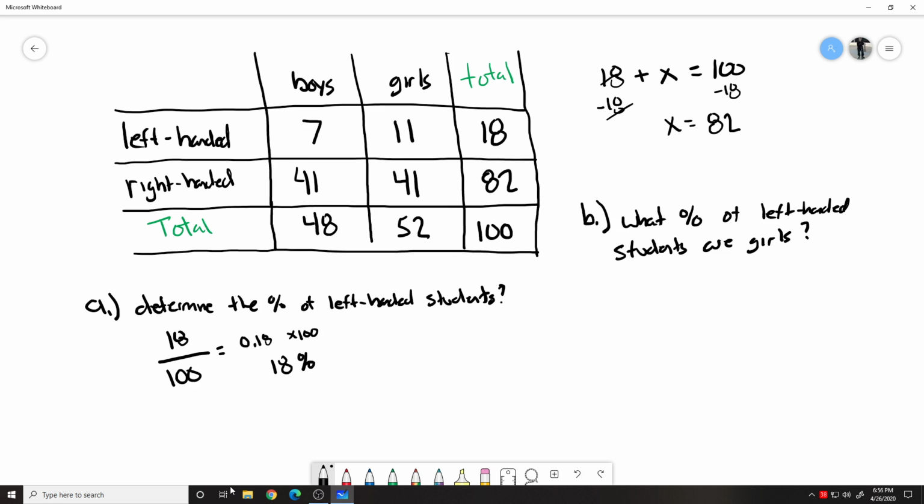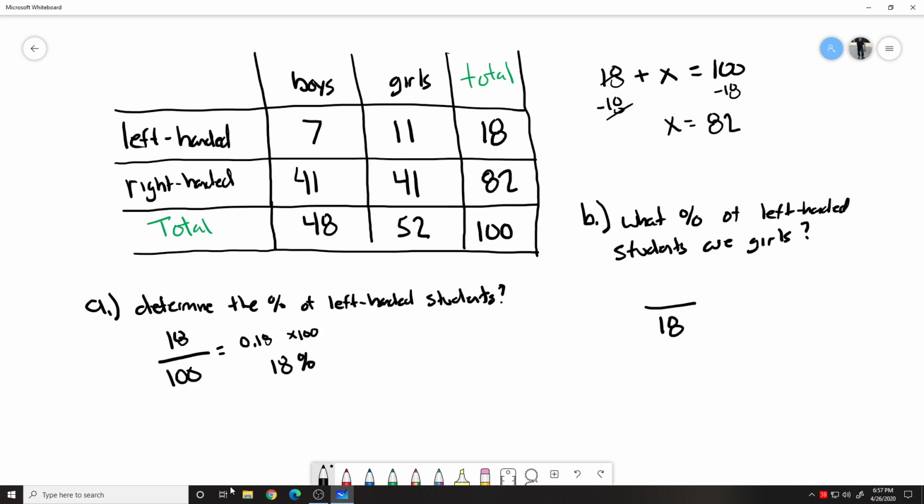So let's first figure out what group of people we are talking about here. Are we talking about girls or are we talking about left-handed students? That's why it's very important to figure out what the question is asking you. Well, what percent of left-handed students? So we're talking about all the left-handed students, of which there's 18.